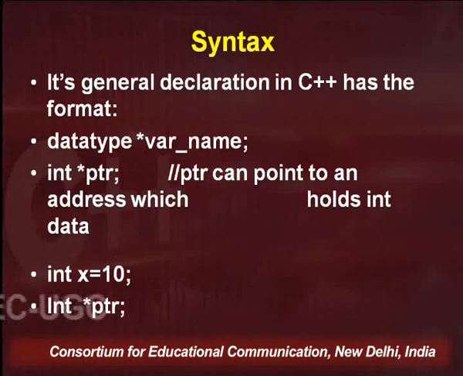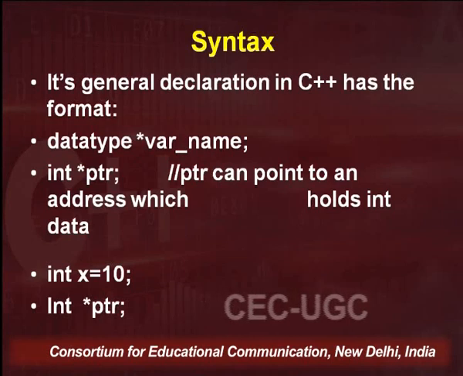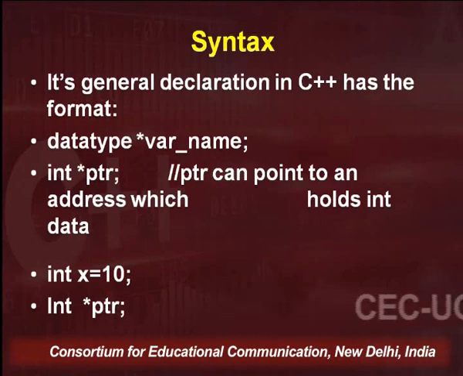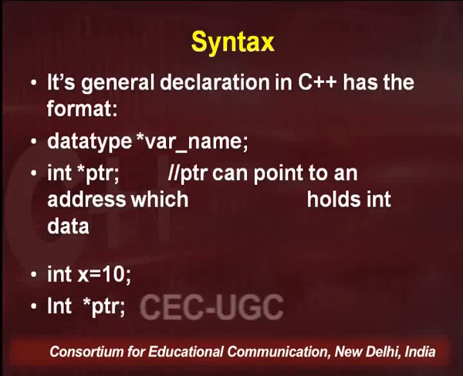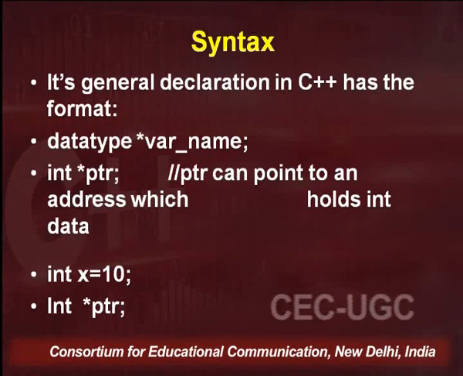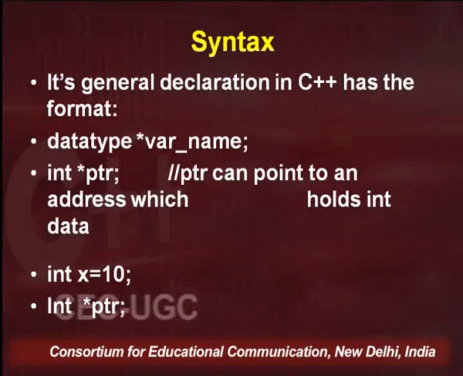Now, after this declaration, integer x equals 10 and integer asterisk ptr, your compiler is very clear about these two variables. The compiler understands that x is a normal integer variable with value 10, and ptr is a pointer variable which is pointing towards an integer.